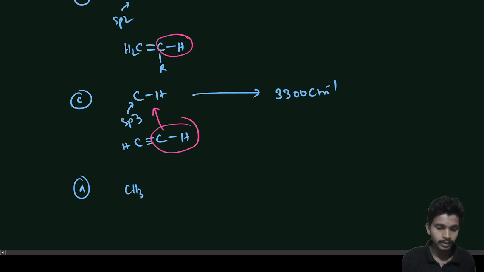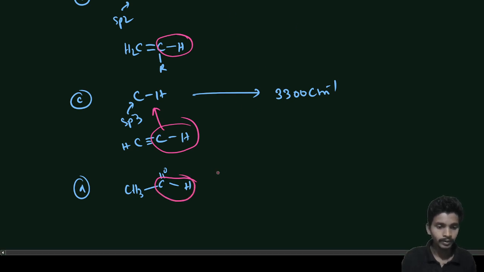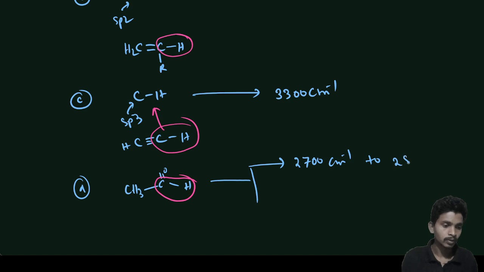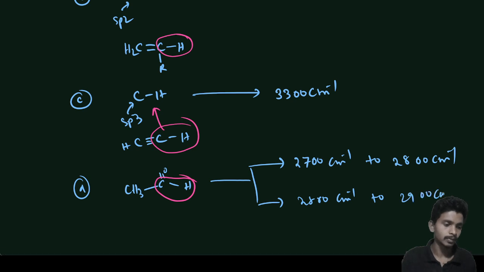So let's say CH3 COH. I'm talking about this CH. The stretching frequency value will give two values, that is due to Fermi resonance, we will discuss later. So we will get two values. One is 2700 centimeter inverse to 2800 centimeter inverse. Another we will get 2800 centimeter inverse to 2900 centimeter inverse.